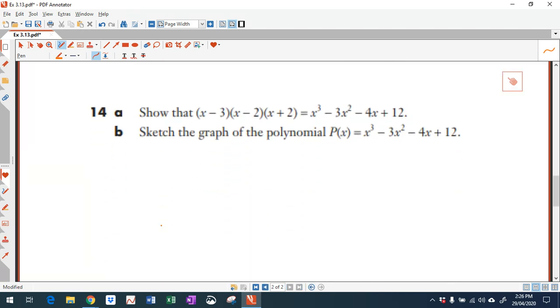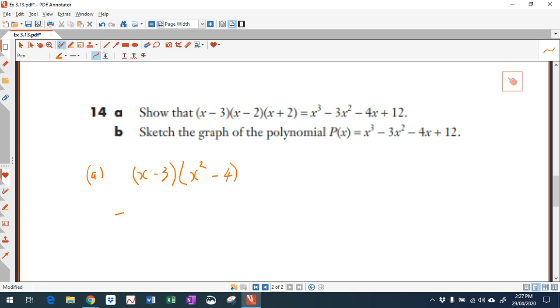I've got to show that this is true. We'll just expand the brackets for part A. So I'll do the last two brackets first. What's that? x squared minus 4, difference of two squares.